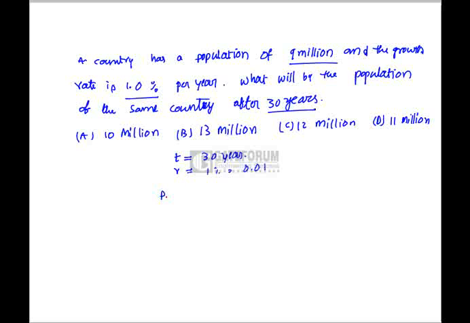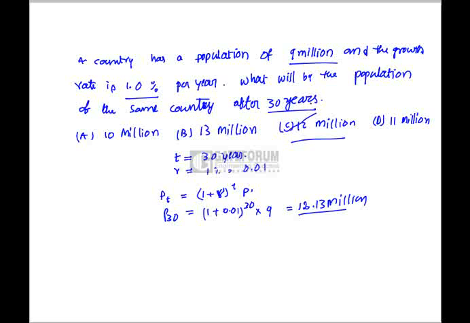The population at time T is (1 plus R) whole power T into the actual population of 9 million. So (1 plus 0.01) whole power 30 into 9 million is equal to 12.13 million. The relevant answer for this question is option C, that is 12 million. So option C is correct.